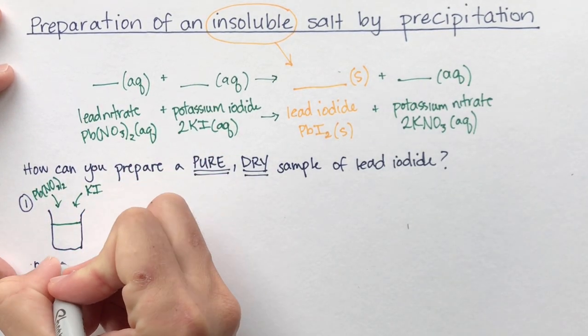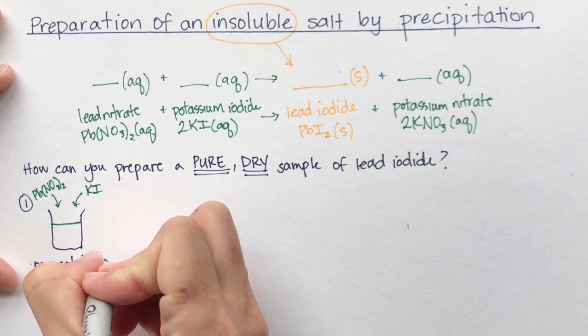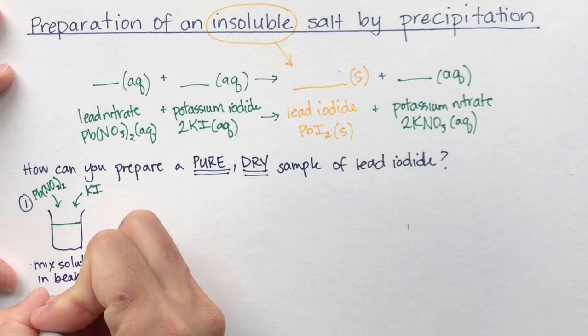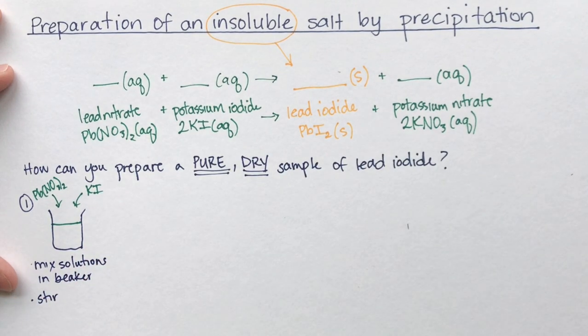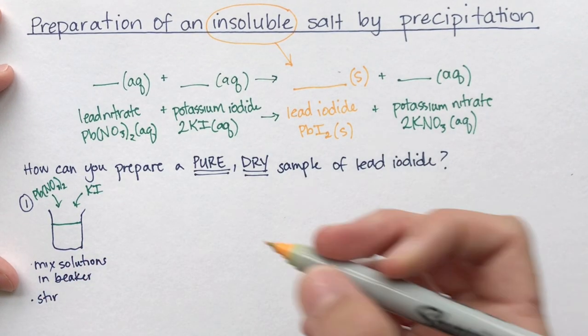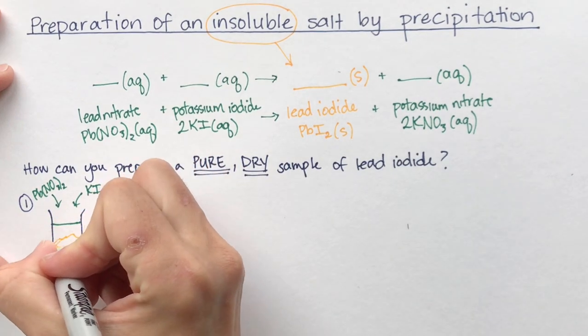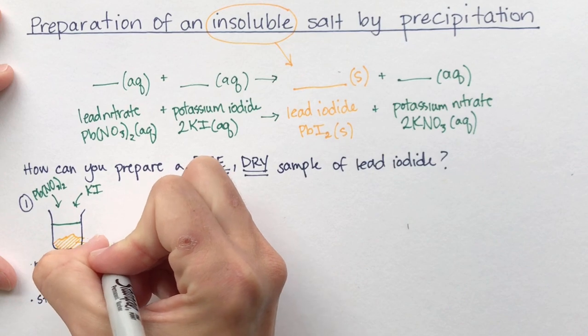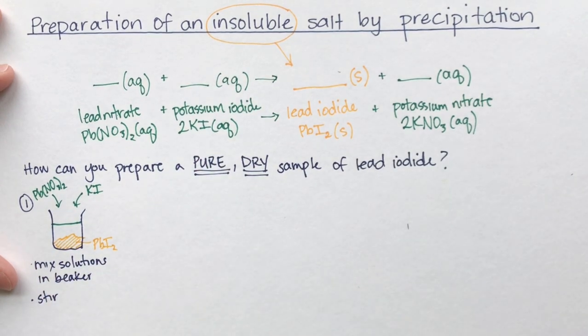So mix the solutions in a beaker. Mark schemes will sometimes say stir with a glass rod. That's just to make sure the reaction's complete. And you get your nice yellow solid PbI2 sitting on the bottom.